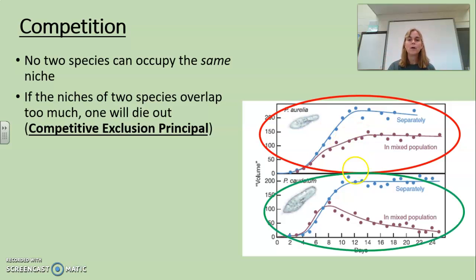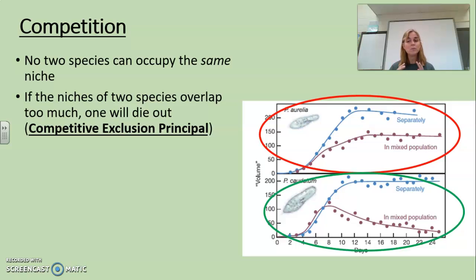For P. caudatum, when it was grown separately, it increased, and it leveled off. Just what we expect. When it was grown along with aurelia, though, it increased, and then it crashed and really didn't level off. It's going down, down, down. So you can see from this that Paramecium aurelia is the better competitor.